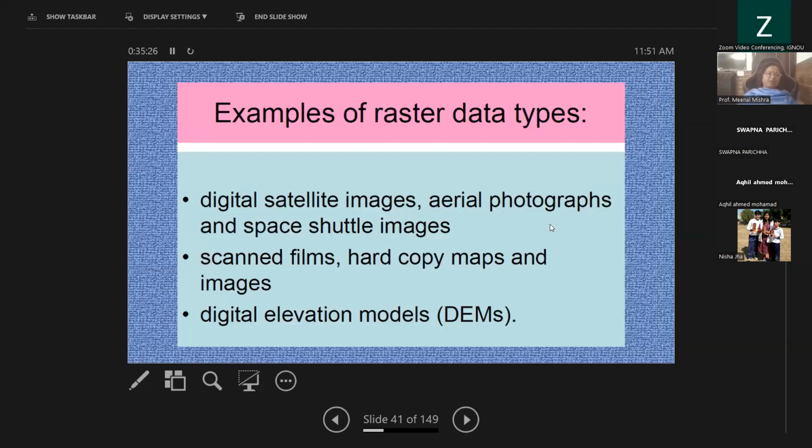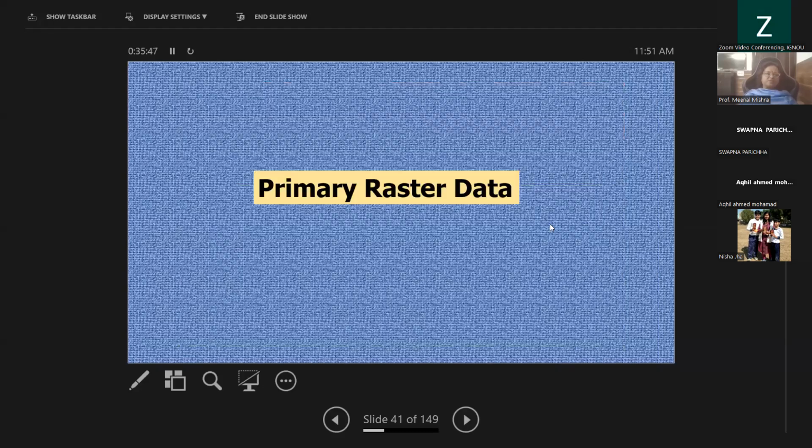Further, the examples of raster data types are digital satellite images, aerial photographs, space shuttle images, and scanned films, hard copy maps that become secondary raster data, and DEMs, that is digital elevation models.